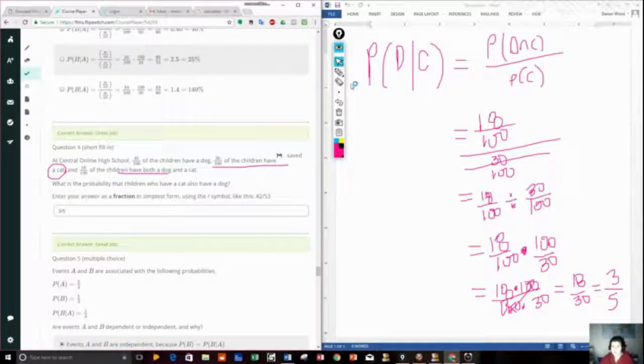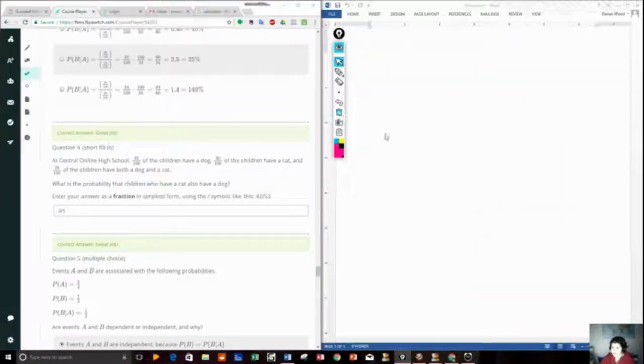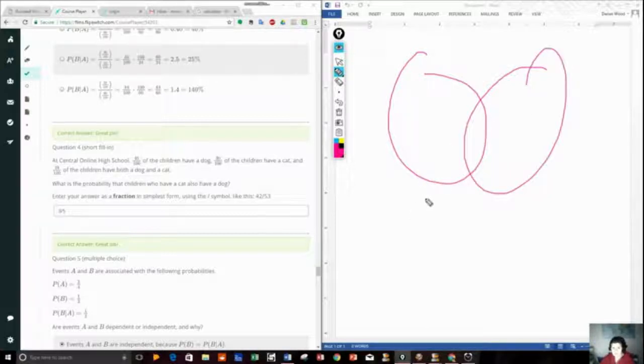Great job. Now if you are a visual person, we can do it with a Venn diagram. There's our Venn diagram: we have dogs, we have cats, and we have the intersection of both. We have 45 here, 30 here, and 18 that have both.